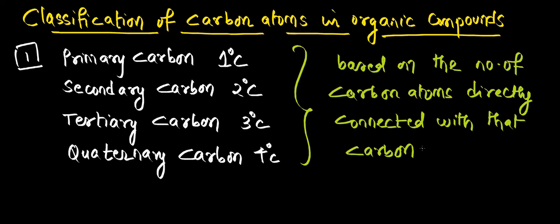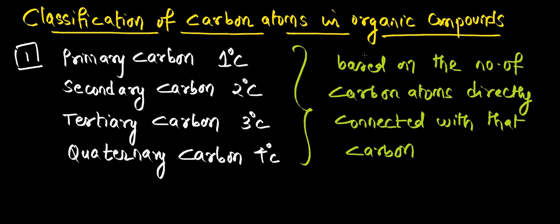Then I have to check how many other carbon atoms are directly connected to that carbon atom. If one carbon atom is directly connected, it comes under primary. If two carbon atoms are directly connected, it becomes secondary. Like that, based on the number of carbon atoms directly connected with that specific carbon, it will be classified as primary, secondary, tertiary, quaternary.